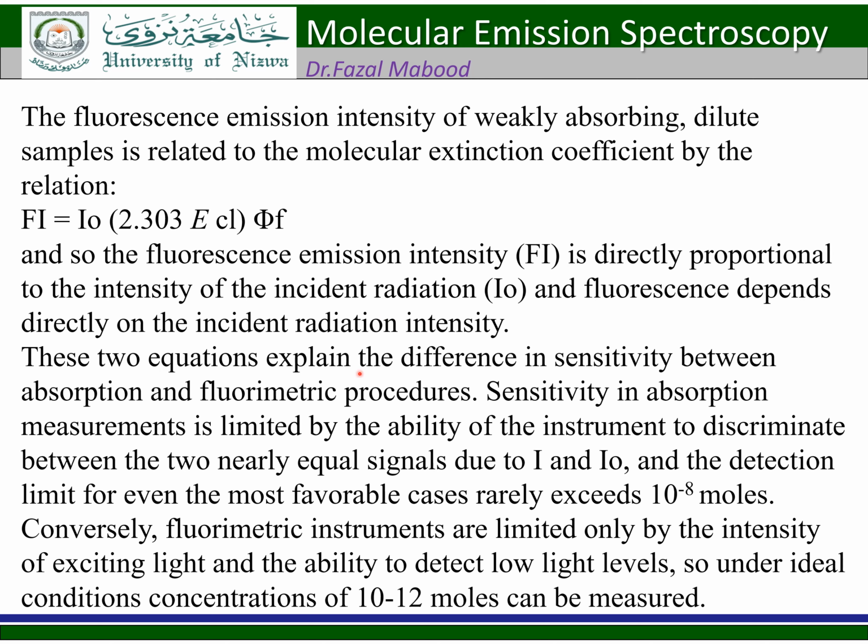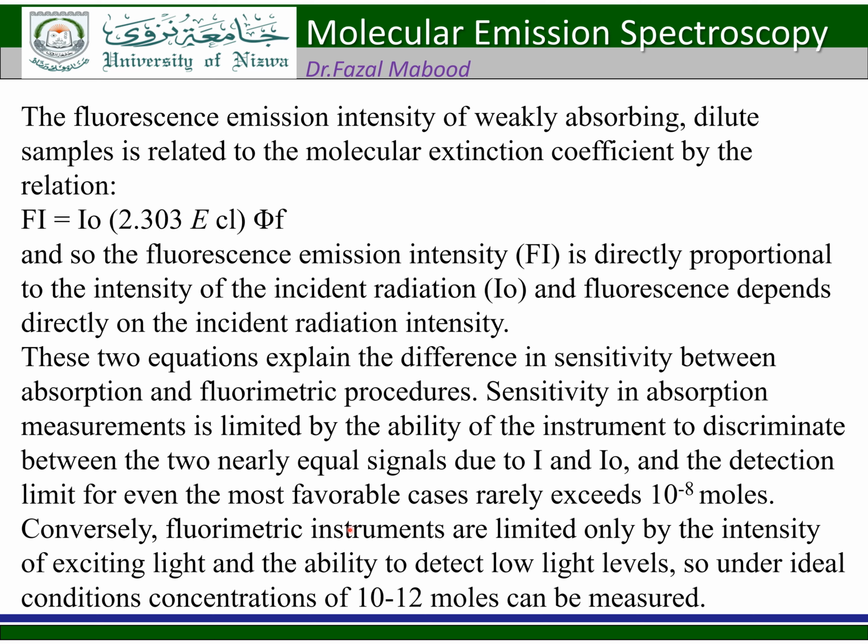These two equations explain the difference in sensitivity between absorption and fluorometric procedures. Sensitivity in absorption measurement is limited by the ability of the instrument to discriminate between the two nearly equal signals due to I and I naught, and the detection limit for even the most favorable cases rarely exceeds 10 raised to the power minus 8 moles.